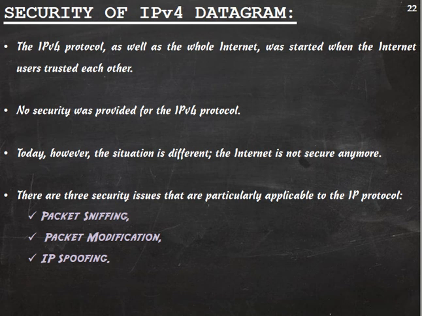Initially the IPv4 protocol was designed when the internet users trusted each other, that is, communication used to take place with trust. So there were no hackers, no third person who used to track the data. So no security was provided for the IPv4 protocol when the data was transmitted.